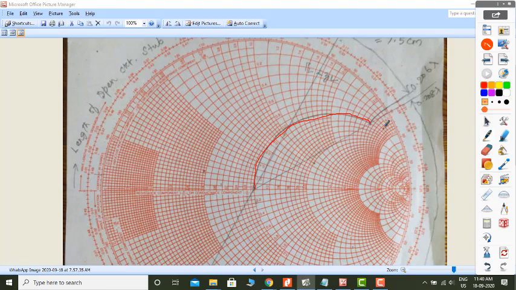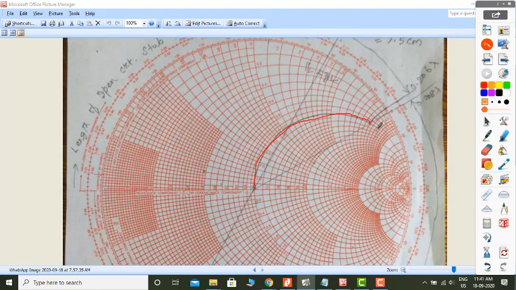Similarly for the input matching network also, there are a number of possible networks that we can design. Therefore, in this case we leave it at this point arbitrarily.